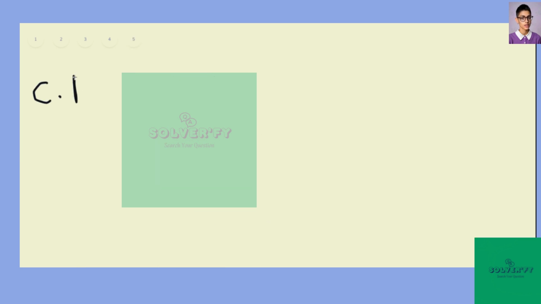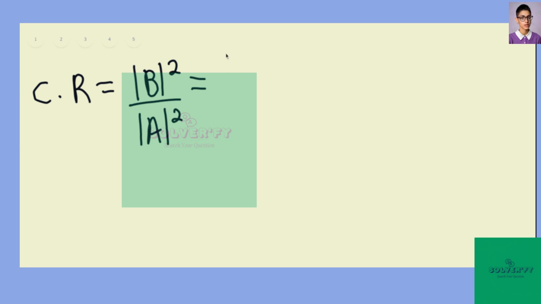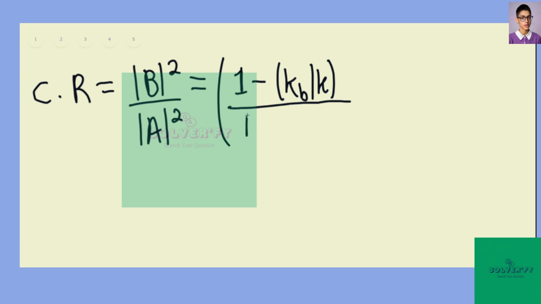So essentially we can find the reflection coefficient for part C, R. The reflection coefficient would be the absolute value of B squared divided by A squared, and this would be equal to 1 minus k sub B divided by k, divided by 1 plus k sub B divided by k, quantity squared.